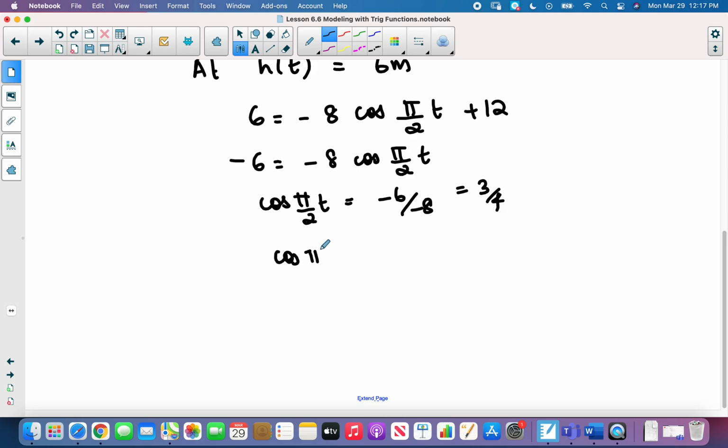Cos pi over 20 t is equal to 3 over 4. And then we're going to have to solve for t.